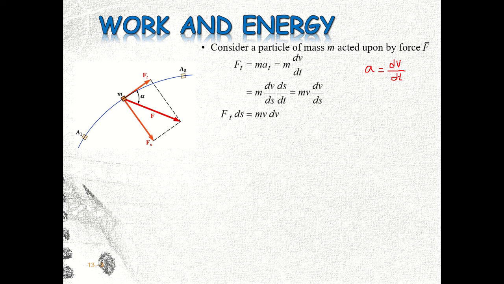Okay, so in this case we have acceleration as a function of time. So a sub t is equal to dv over dt. So substituting this, we have mass times dv over dt, which is just the acceleration.